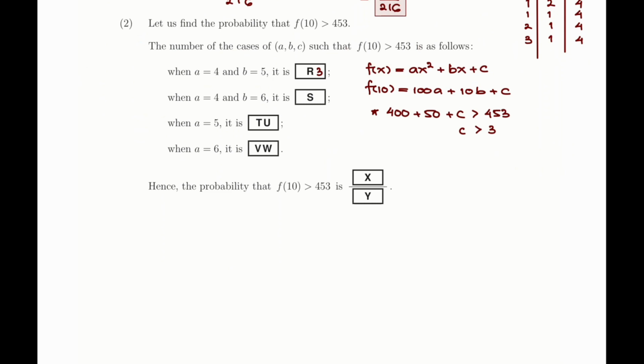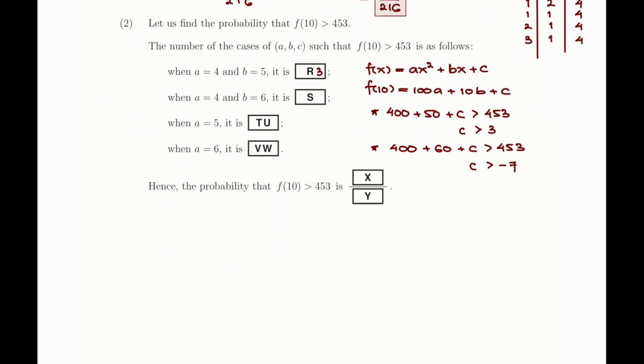And then, when a equals 4 and b equals 6, once again, since a equals 4, that means 100 times 4, you get 400. And then b equals 6 plus 60 plus c greater than 453. Then c is greater than 453 minus 460. You move it to the other side, you get -7. So c must be greater than -7.